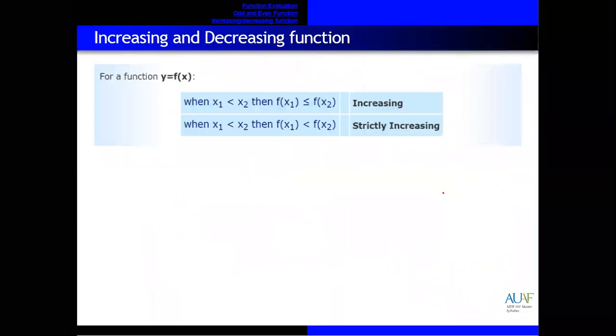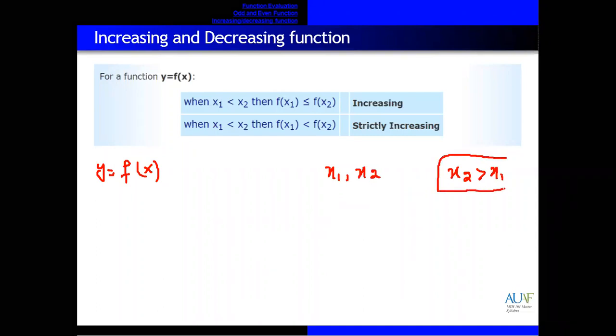Next we have increasing and decreasing functions. These are also the same, but there are some conditions for increasing and decreasing functions. So what are the conditions? Very easy. First one, increasing function. What does increasing function mean? If we have a function y = f(x), and we select two numbers x1 and x2, the condition is x2 is greater than x1.